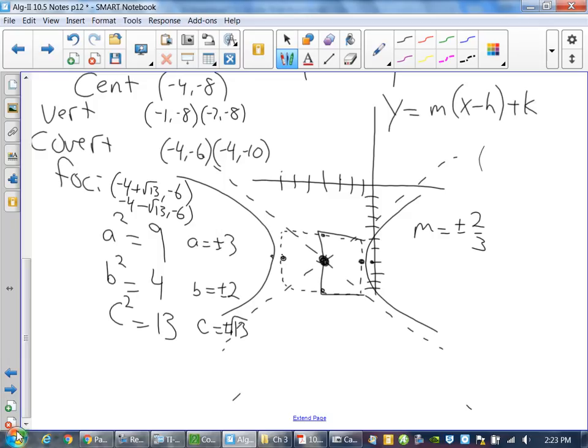Point slope form is H and K. Did you know that?